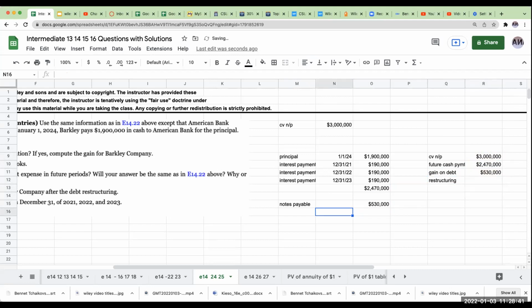I'm going to debit notes payable and credit gain on debt restructuring for the same dollar amount. And this is going to be on 12/31/20. So we record a gain on debt restructuring.